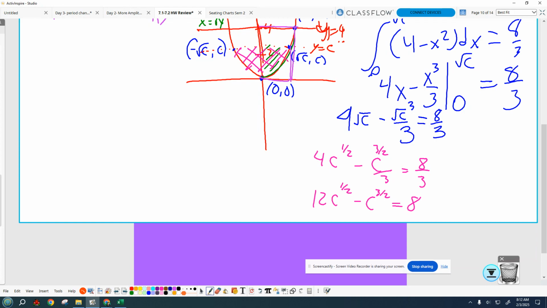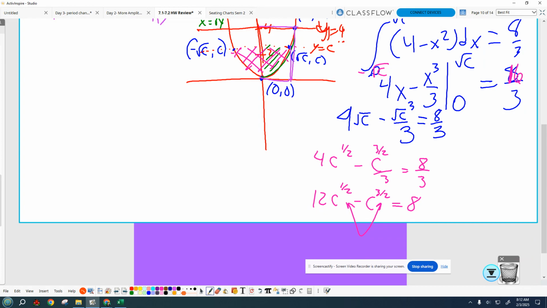These guys are saying going from negative root c to positive root c, because then the exponents are going to match. Okay, so you said the whole thing, negative root c to root c, and it equals 16/3, and that makes it so much easier.